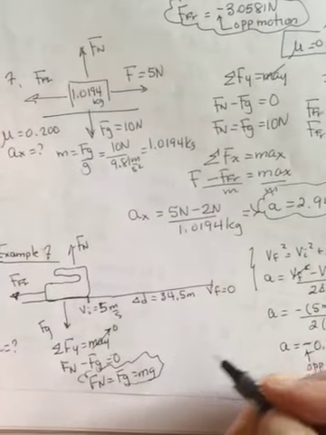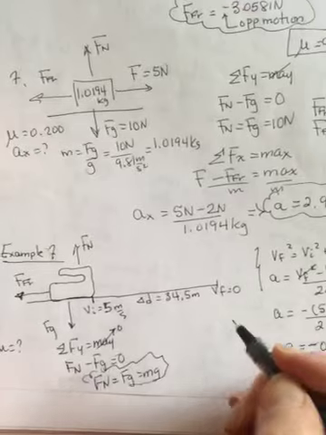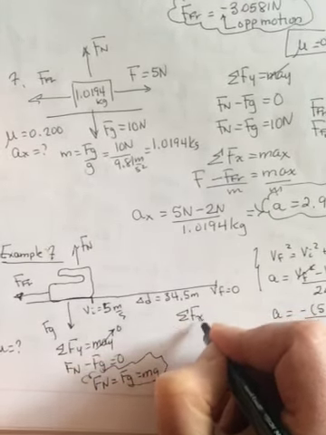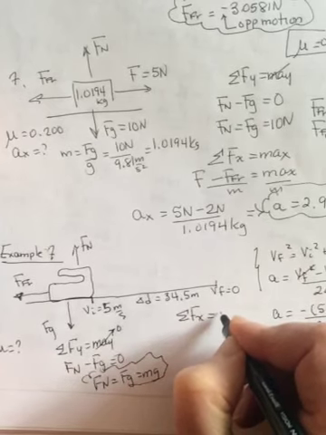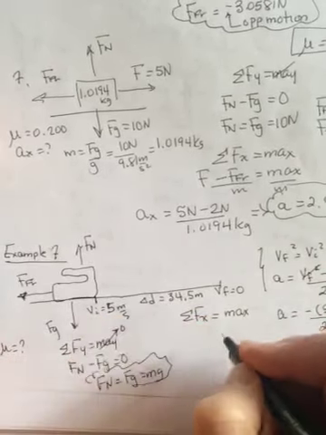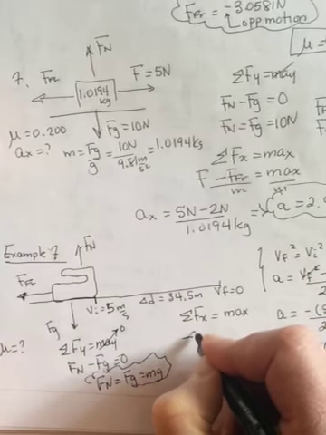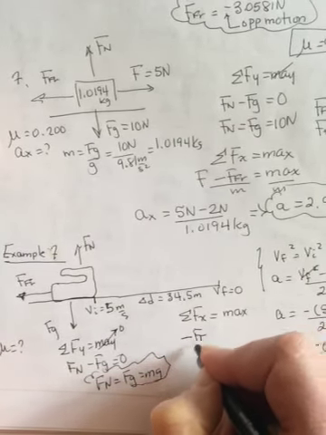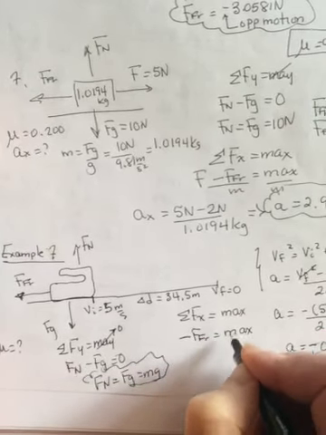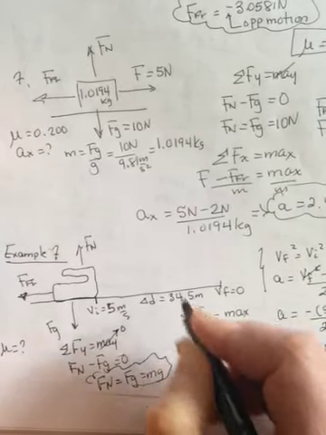So your choices are give up or go to the sum of the forces in the x and hope that something works out. So in the x, the sum of the forces is equal to max. What are the forces? There's just friction, and it's acting backward. So I'm going to put a negative in for it, equal to max. Problem is I don't know m and I don't know friction.